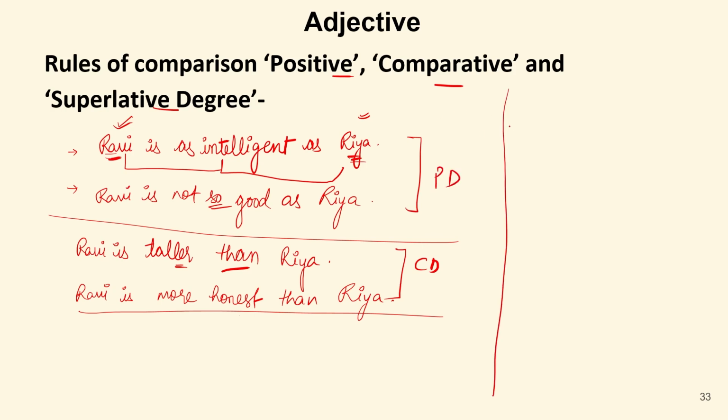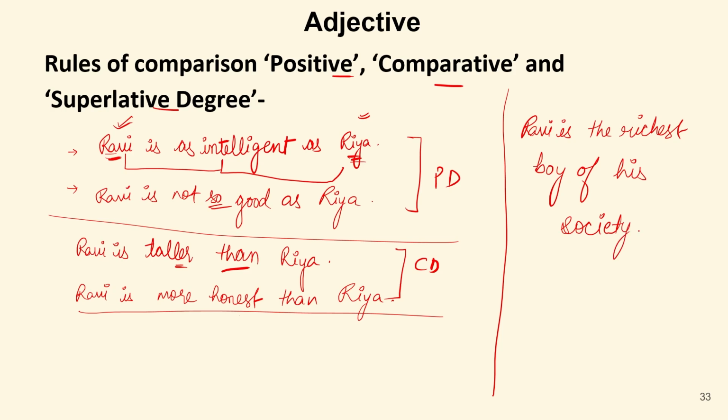This is called positive degree of adjective. Now, in case of superlative degree, one is compared to all. For example, if I say Ravi is the richest boy of his society, like society in which he is living, he is the richest boy of all.